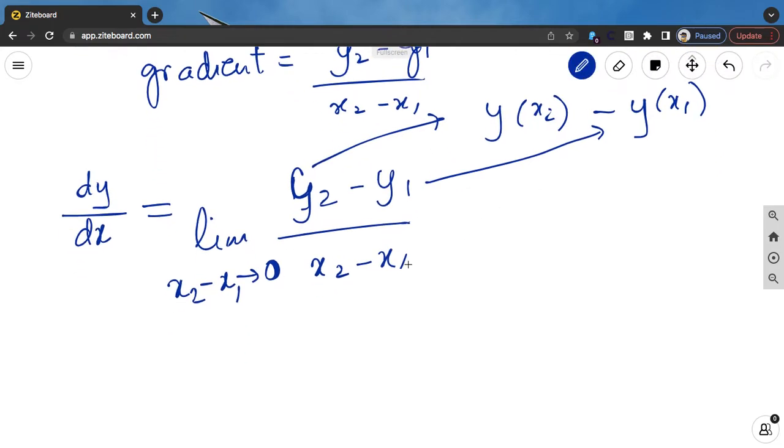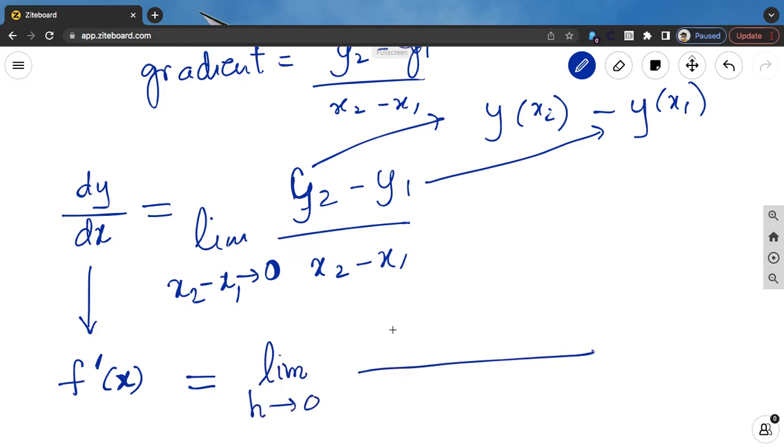What is the other notation of writing this? Well, this dy by dx can also be denoted as f dash x. What does f dash x mean? The slope of the function at a given x value. This notation, the apostrophe kind of thing, is the representation of the rate of change of function with respect to x, and is given as, in the limiting condition that h tends to 0, f of x plus h minus f of x upon h.